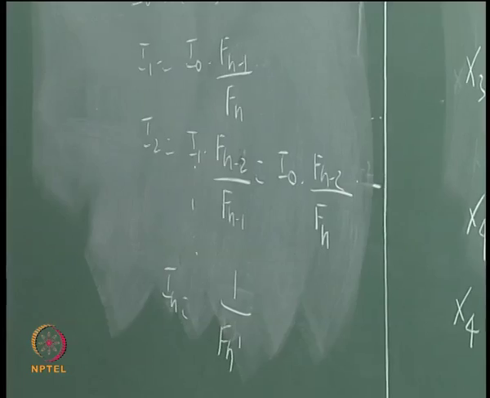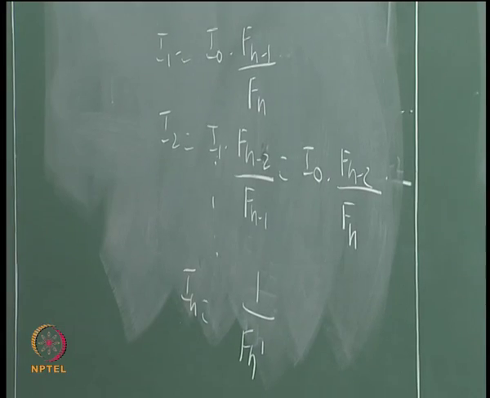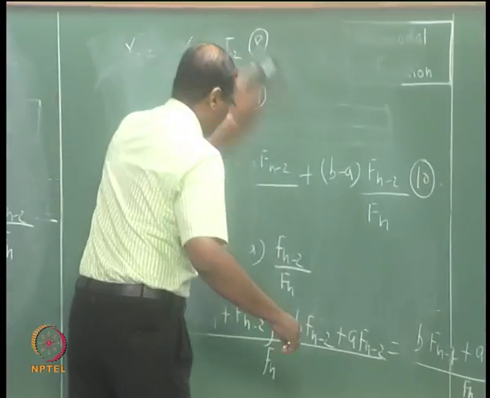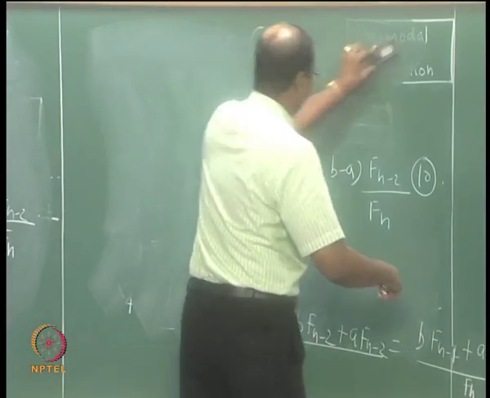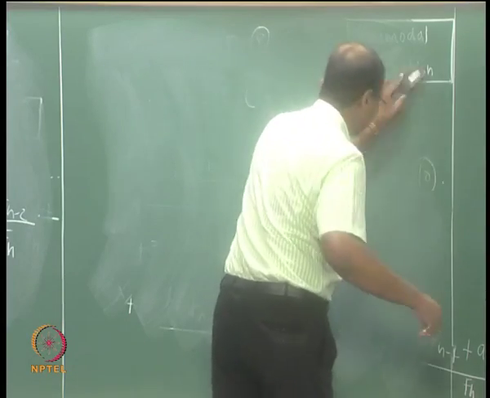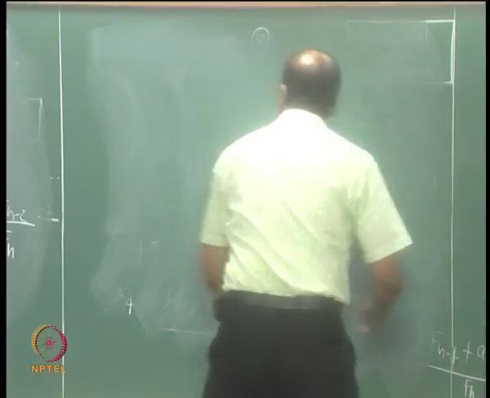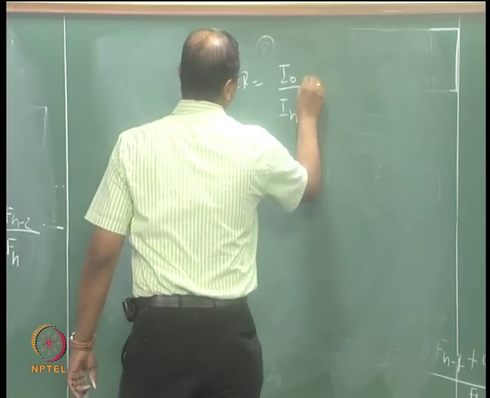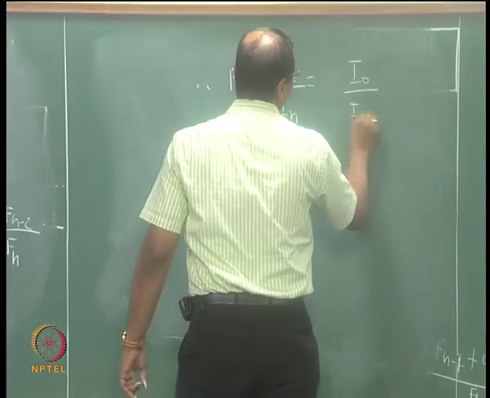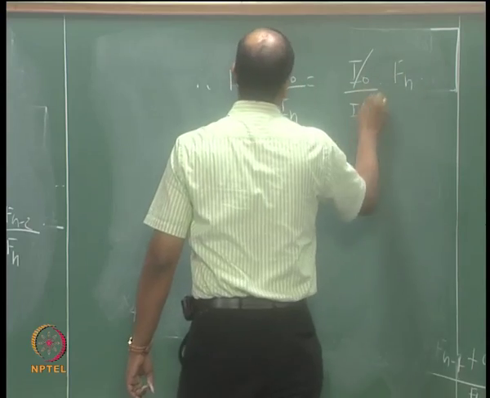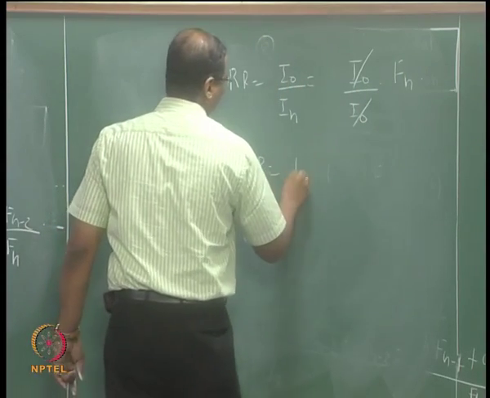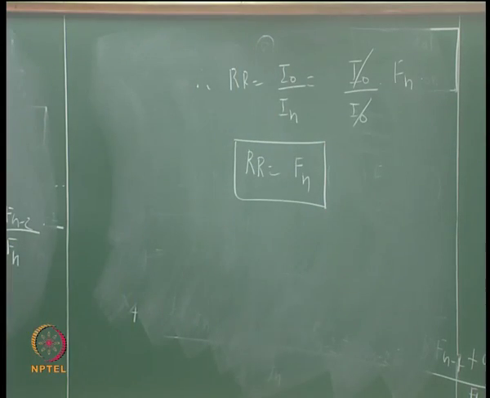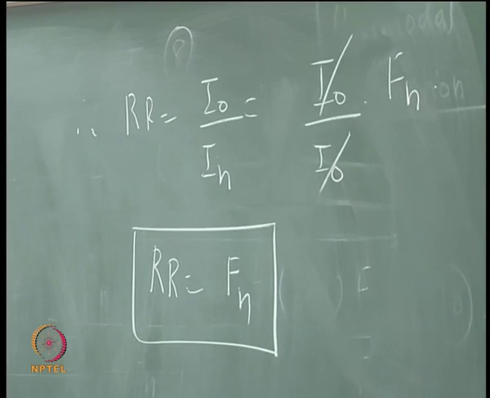It should become 1, because the first and the second number of the Fibonacci series are 1. Therefore, the Fibonacci number itself is the reduction ratio of the algorithm.